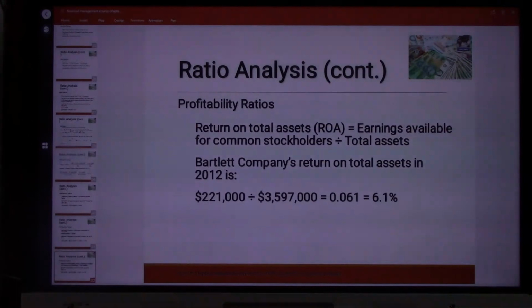By substituting in the equation, the return on assets is equal to 6.1%. It means that for every dollar invested in our assets, this dollar is going to create earnings available for common stockholders in an amount of 6.1 cents.